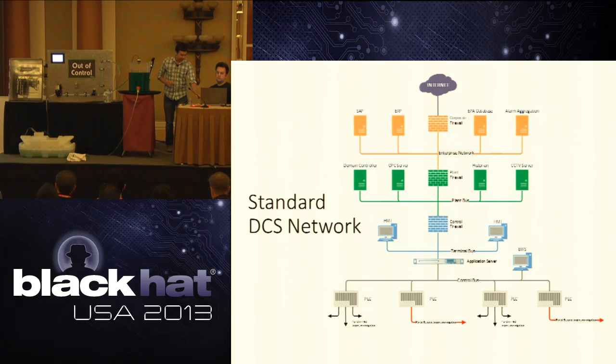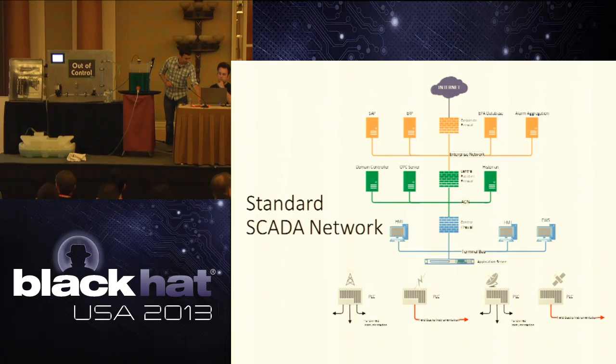SCADA is a little bit different. So when we look at SCADA, a lot of the architecture is the same, right? But the main differences are those gray guys down at the bottom. And those gray guys show us that usually these PLCs are geographically spread out.